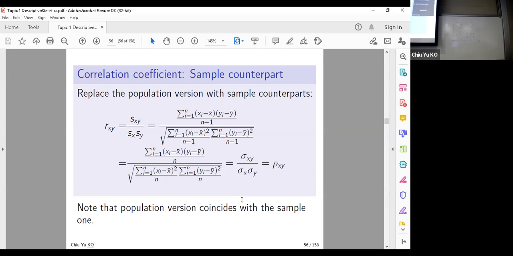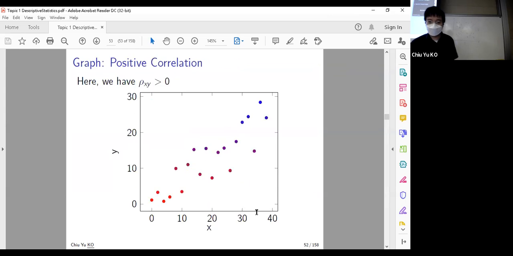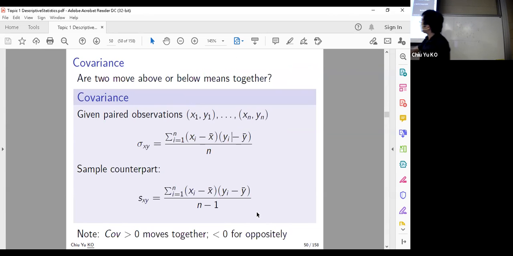Okay, just to remind you what we're doing here. The first measurement is covariance, which you can see is the same as variance if x and y are the same thing. But with two different types of observation, this formula tells us how x and y move together.